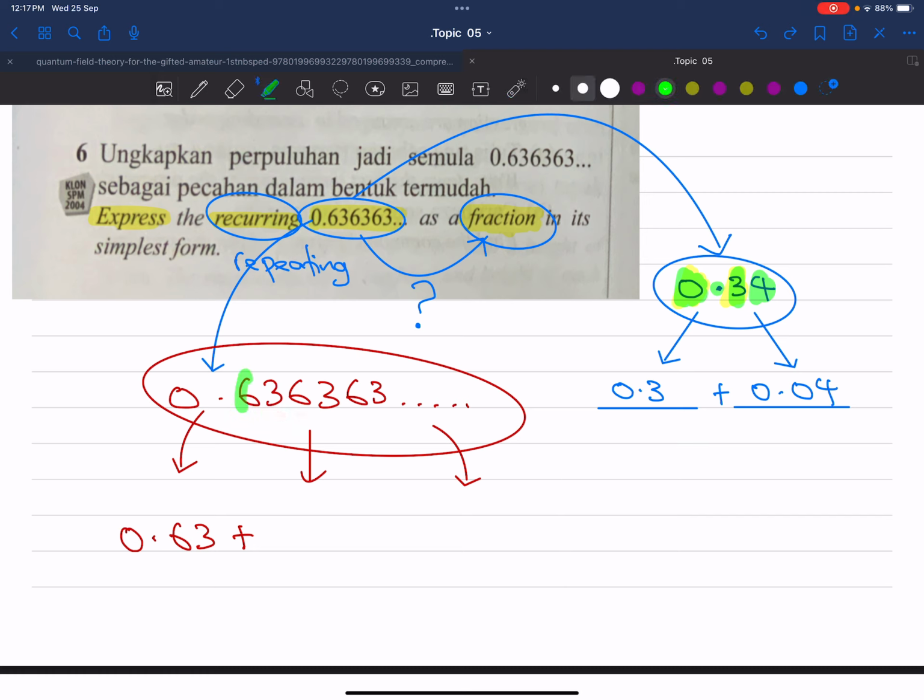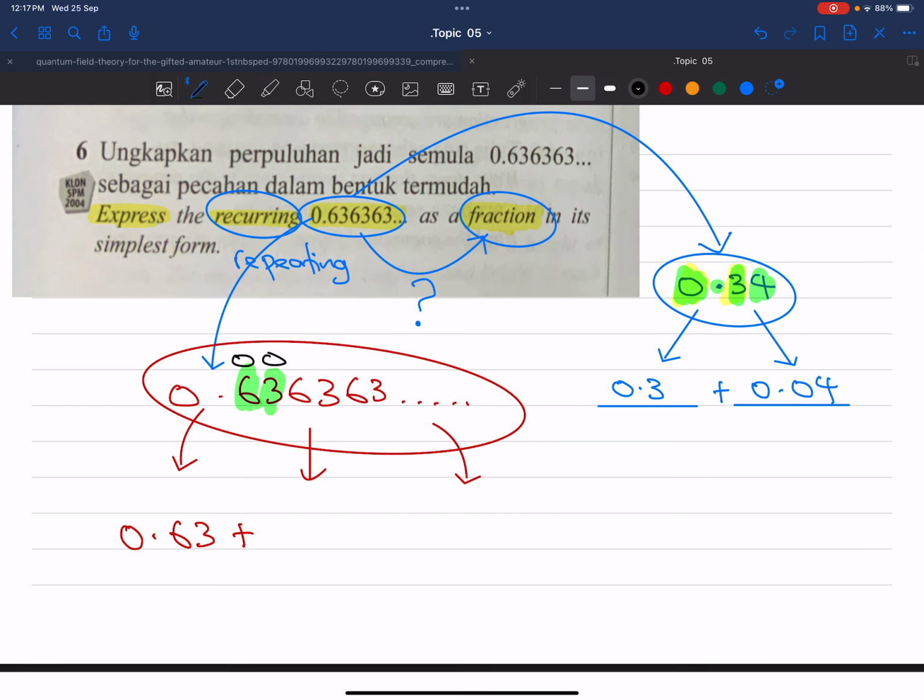The 6 and the 3, I'm going to replace with 0, 0.